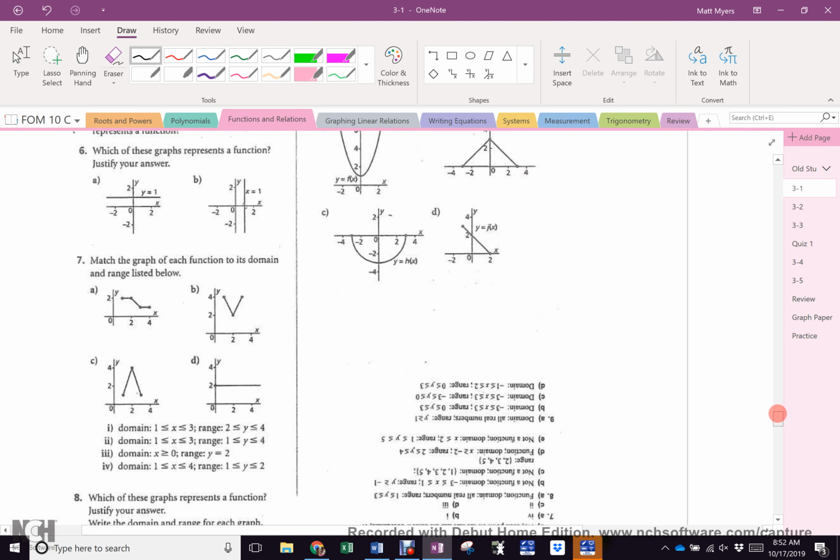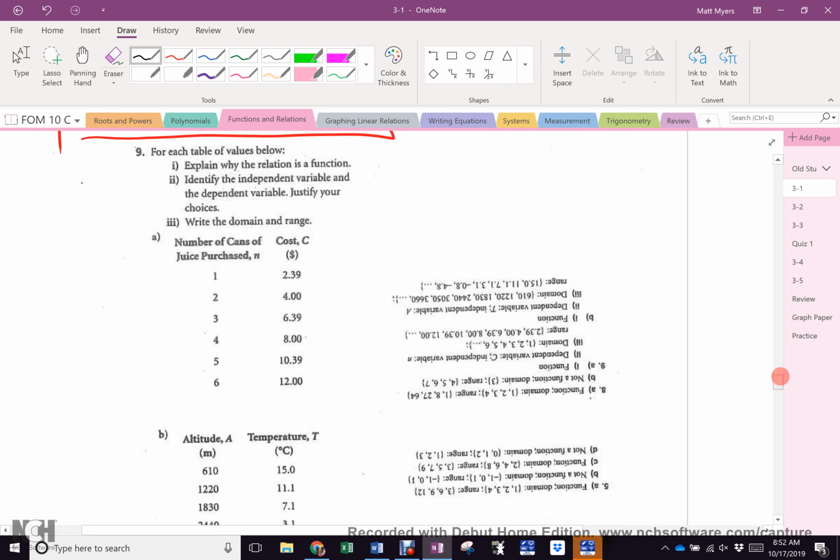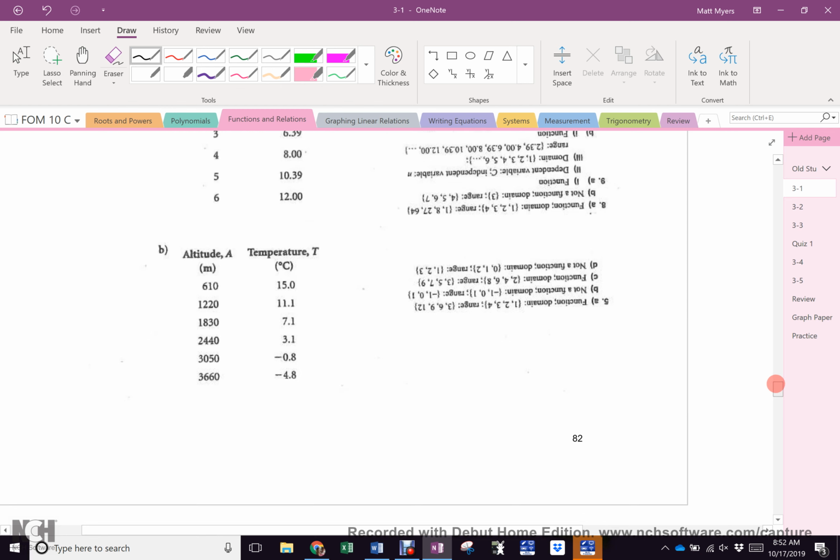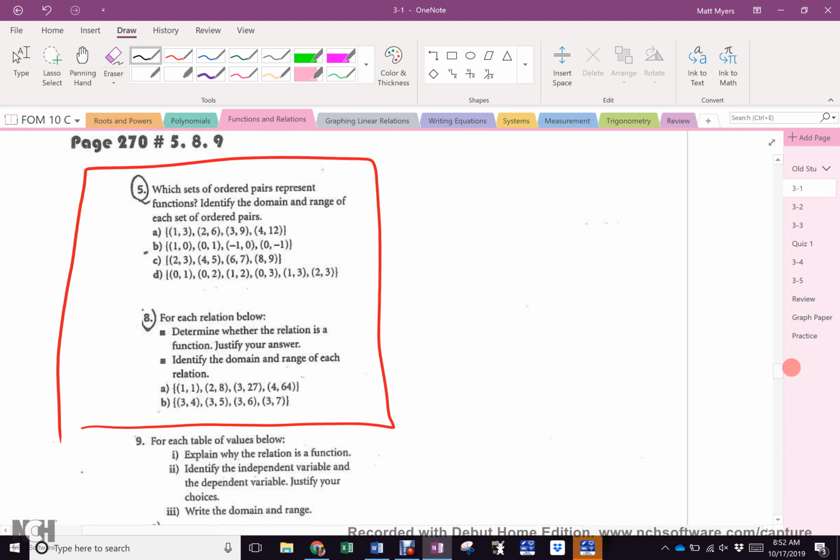Everybody understand? Okay. Now, I told you not to do number 9 and 10 on 82. I still don't want you to do 9 and 10 on 82. We're going to come back to them later. All right? Now, before I actually release you, 5 and 8, if you did your homework, do you understand the answers? Because they're there.